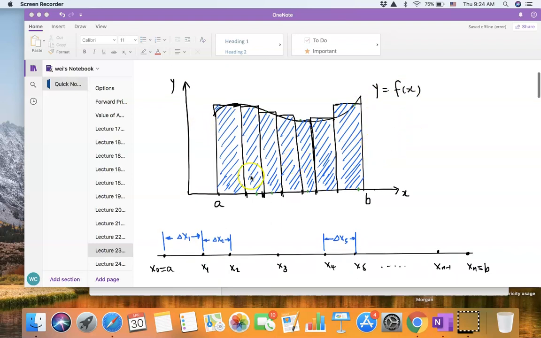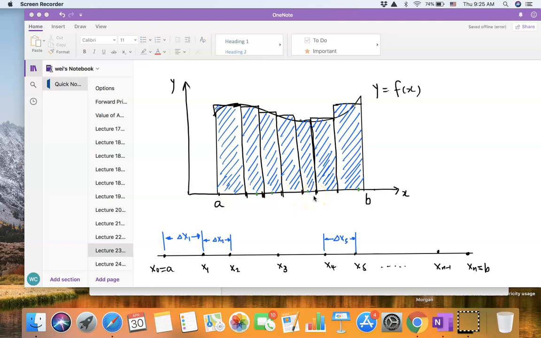And you can see when I construct my rectangles, I'm using rectangles with different bases, right? So the first rectangle has this base, and the second rectangle's base is shorter than the first one.